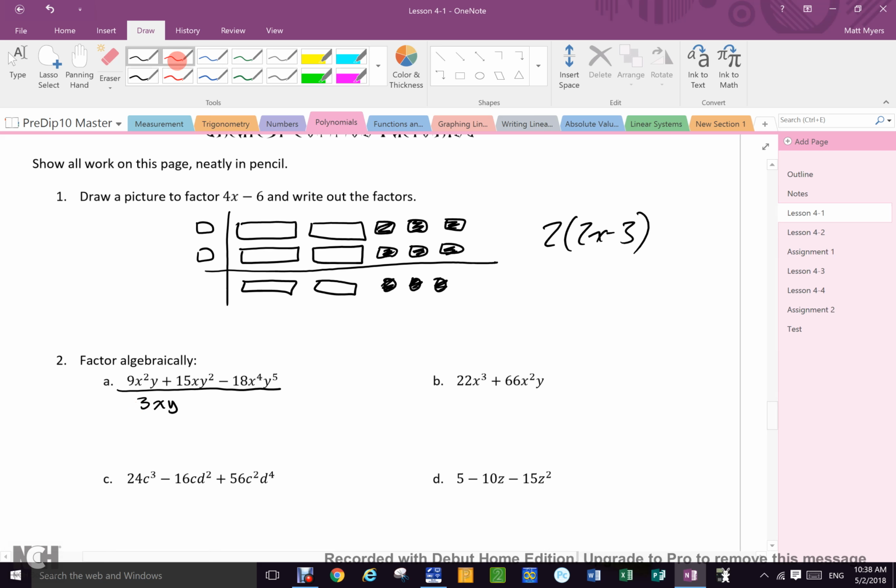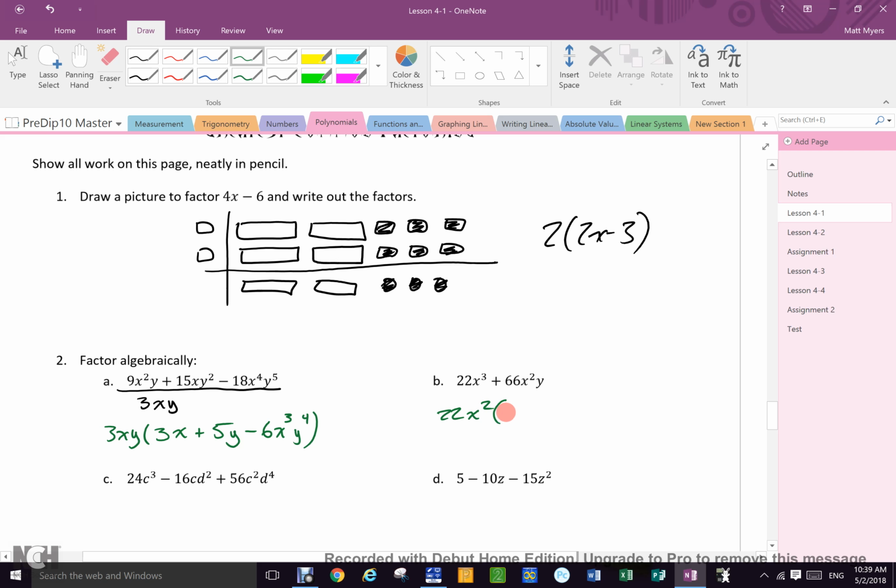3xy. 3xy. 3x plus 5y minus 6x cubed y to the 4th. What's this one? 22x squared.